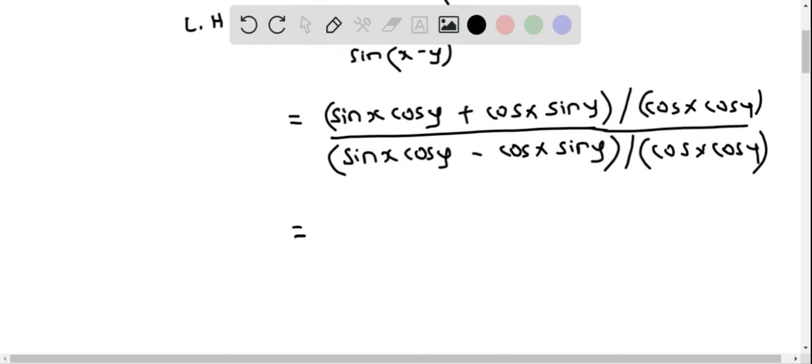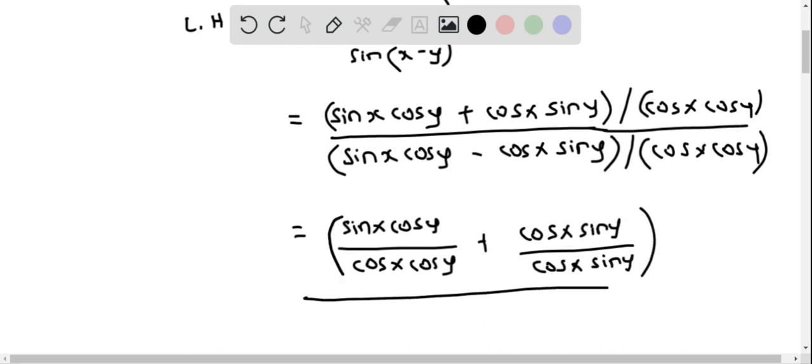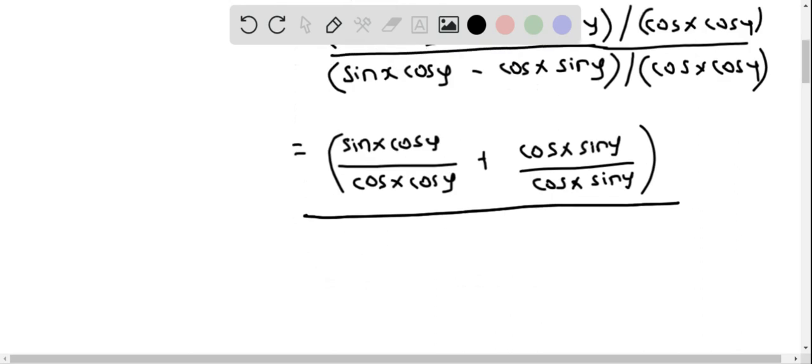Let me write down: we have sin x cos y, divided by cos x cos y, plus cos x sin y, also divided by cos x cos y. So this is the numerator fraction, and this is all over the denominator fraction.